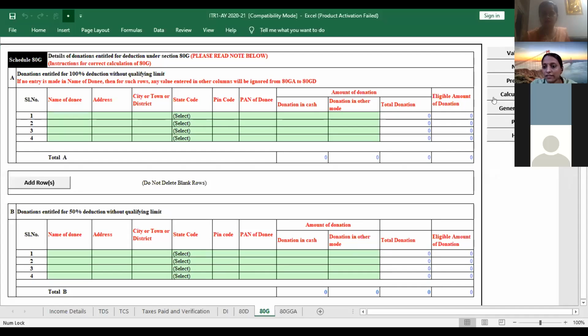Validation is done for the purpose of verification whether all the data which is entered is correct or not. If there are some red columns which you have left blank, it will automatically reflect that this data is incomplete, and you have to make all those corrections. Once everything is fine, it will show that this sheet seems to be okay. And once you get that message, you will have to generate XML.